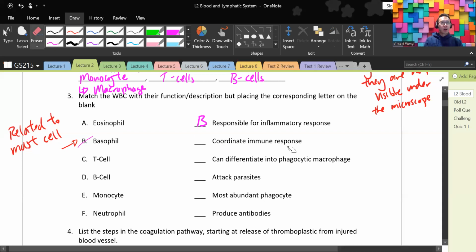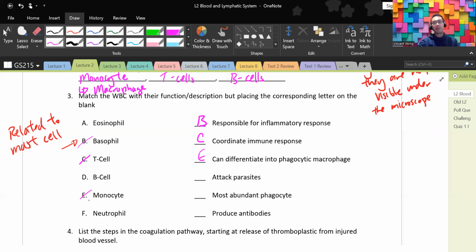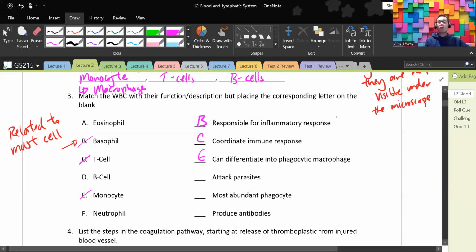Coordinate immune response, that would be the T cells. There are different types of T cells that you will learn next lesson. Can differentiate into phagocytic macrophage. We mentioned that earlier, these are the monocytes. Sometimes in places of the body where there are a lot of foreign antigens and cells coming in, you would have what we call resident macrophages just staying there.